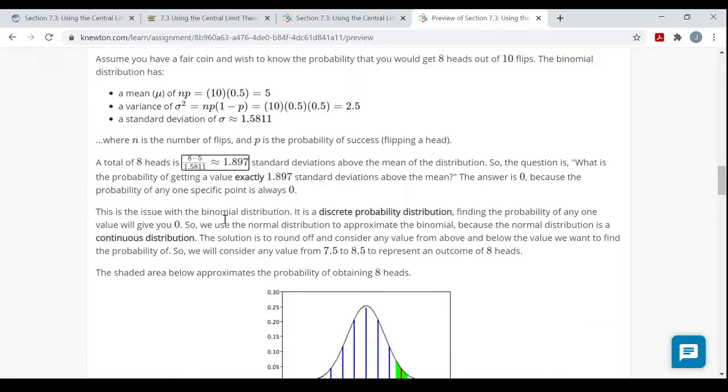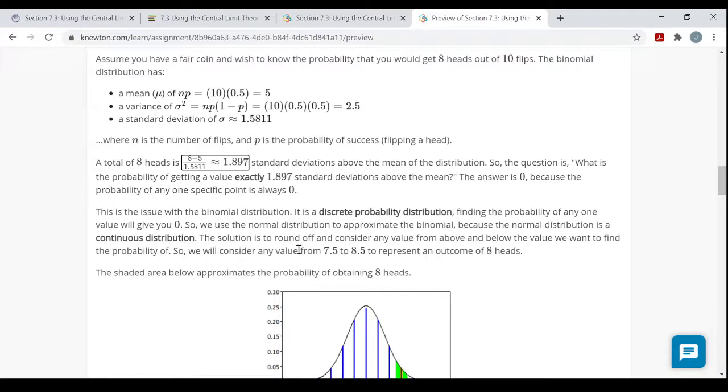So that's the issue with the binomial distribution. The binomial distribution is a discrete probability distribution. Finding the probability of any one value will give you 0 if you're using a continuous distribution to approximate a discrete distribution. So we use the normal distribution to approximate the binomial because the normal distribution is a continuous distribution.